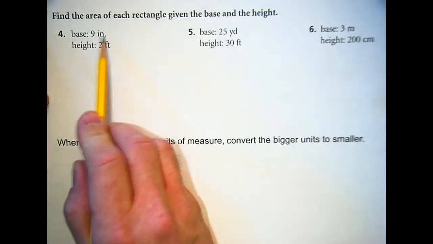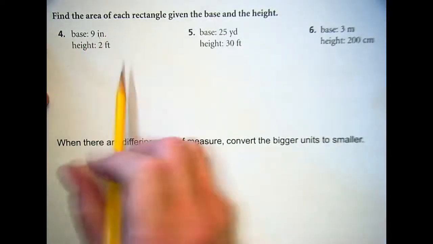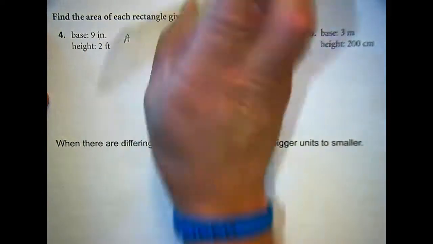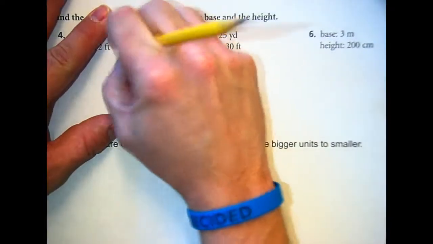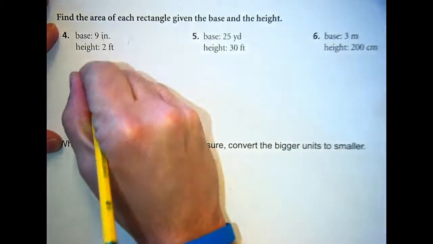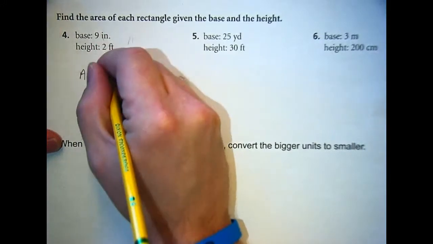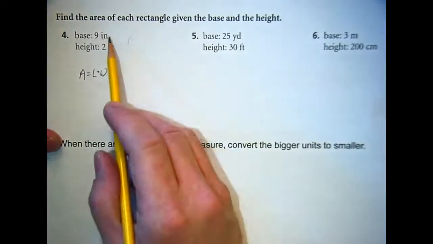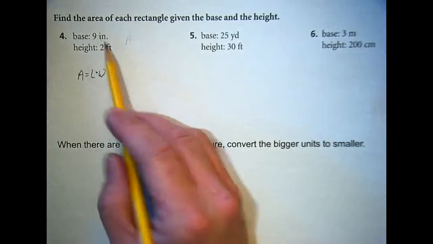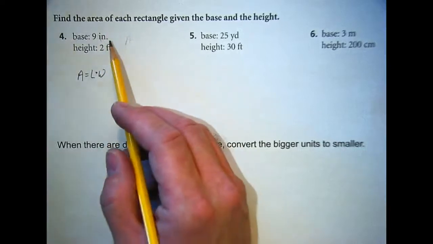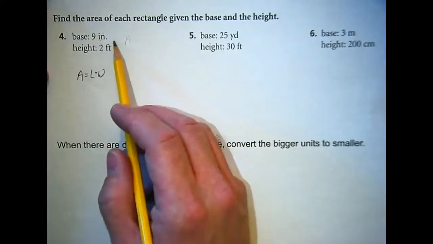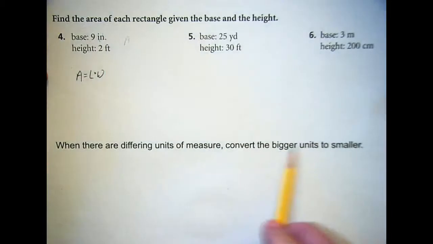So notice, this would be easy in a rectangle using our formula A equals L times W. This would be much easier if these units were the same. Now, some of you not paying attention won't even realize they're different. You're just going to go, I'm going to go 9 times 2, it's 18. Done. But your units are wrong. Convert the bigger to the smaller.